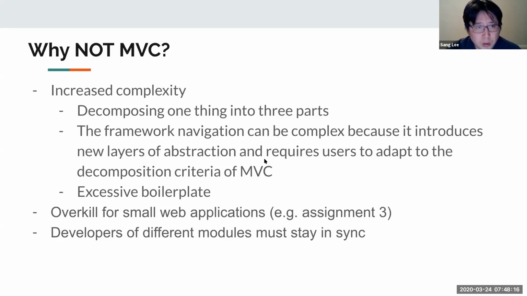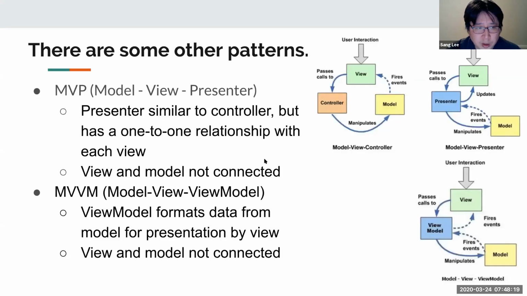Okay, so there are some other patterns, which we're not going to go into detail. There's no right or wrong, and I don't think one of them is better than the other. Depending on the framework, they apply different patterns.